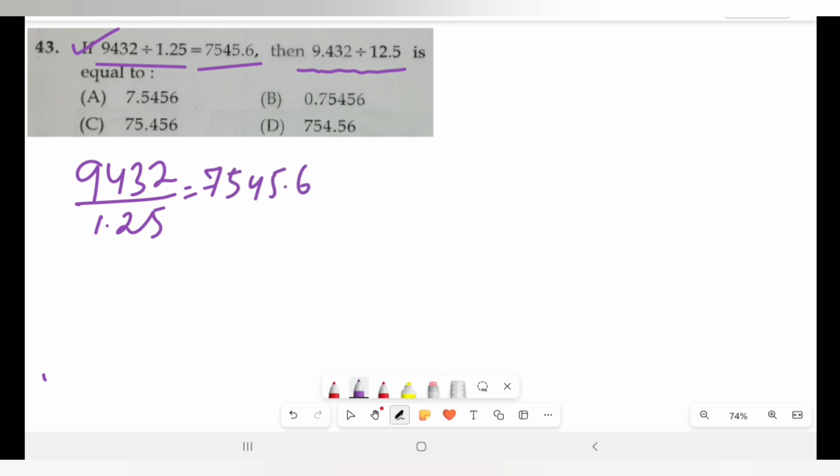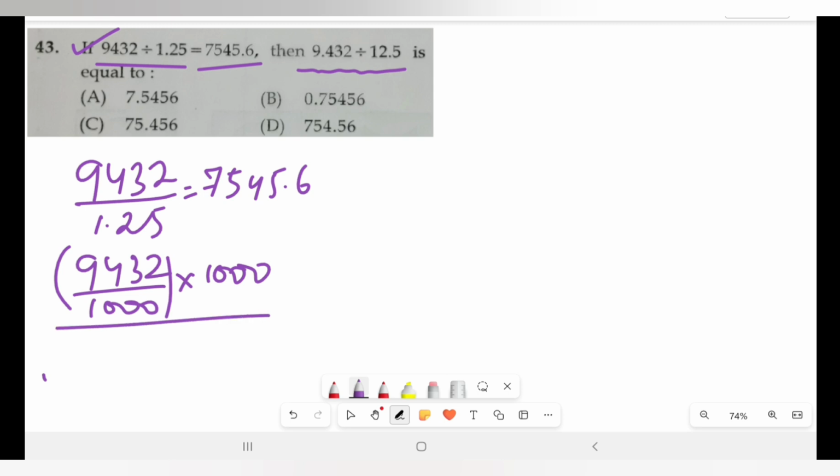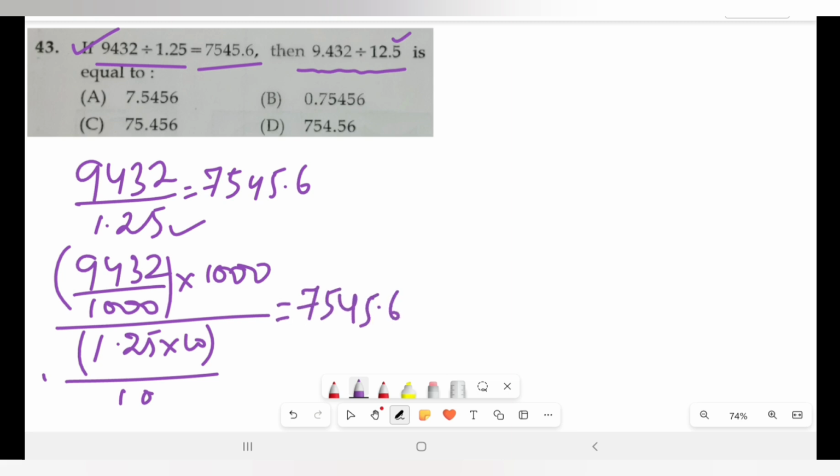To make 9.432, we have to divide the numerator by 1000, so we have to multiply by 1000. Again for the denominator, to make 1.25 into 12.5, we have to multiply by 10, and as we are multiplying by 10, we have to divide by 10. So this is equal to the same 75456.